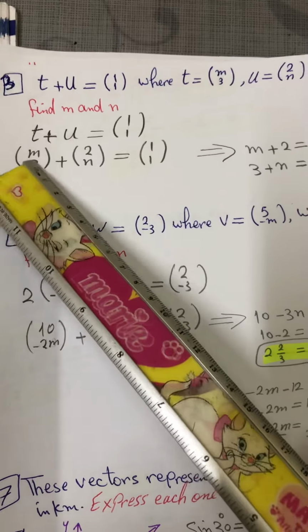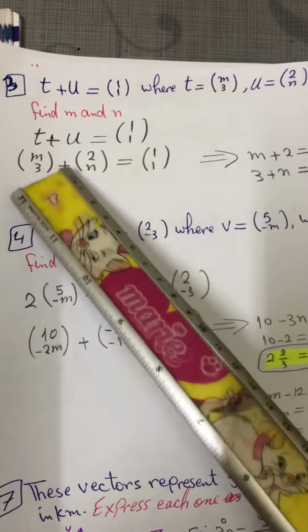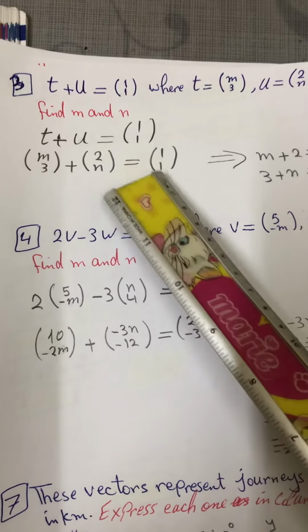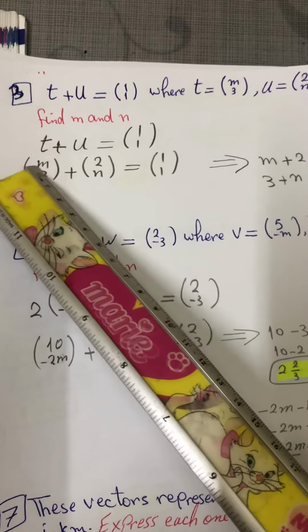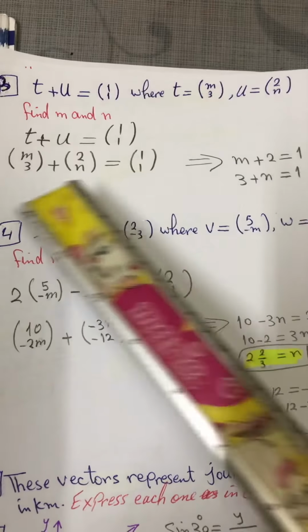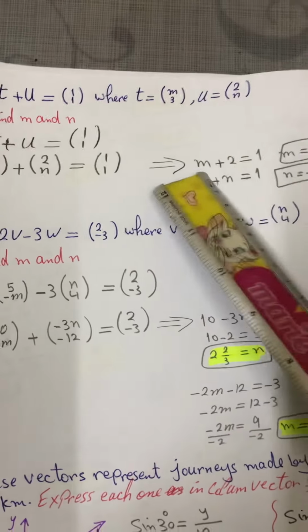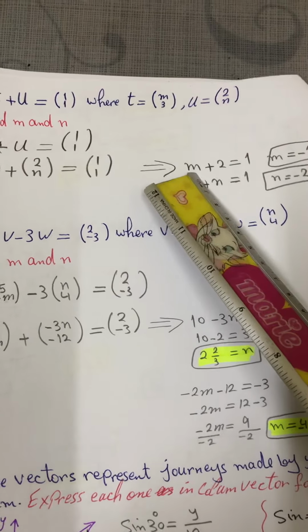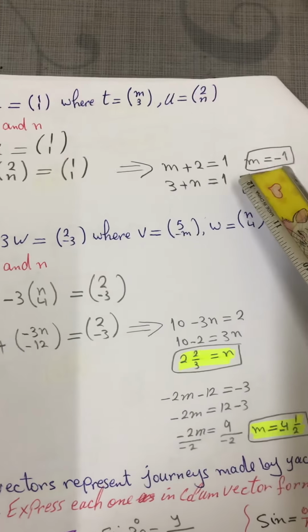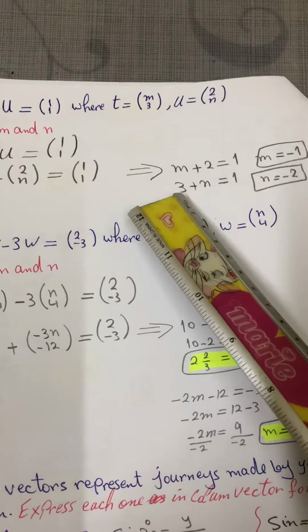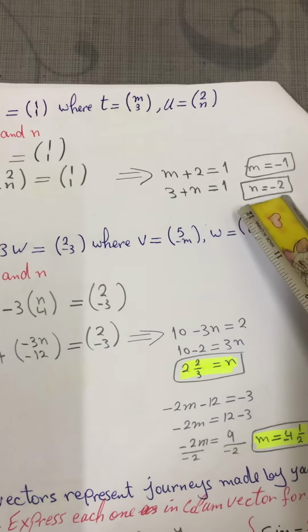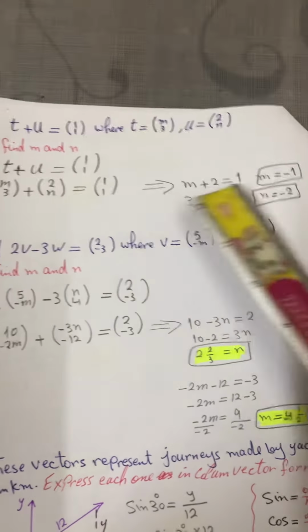Instead of t, I put (m, 3). Instead of u, I put (2, n). All of them equal 1. That's to say, m plus 2 equals 1 and 3 plus n equals 1. Make it as an equation. Calculate: m equals 1 minus 2, so negative 1, and n equals 1 minus 3, equals negative 2. This is the value of m and n.